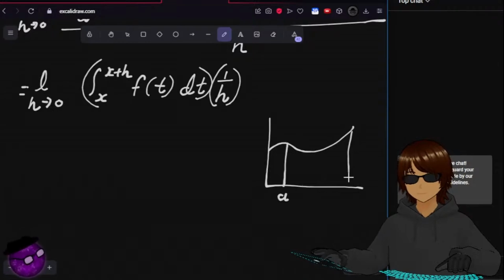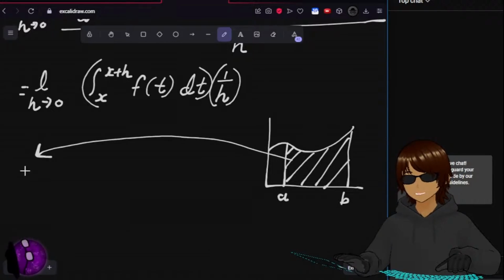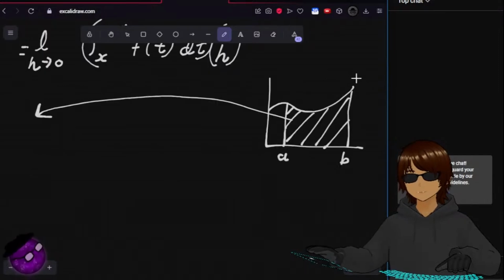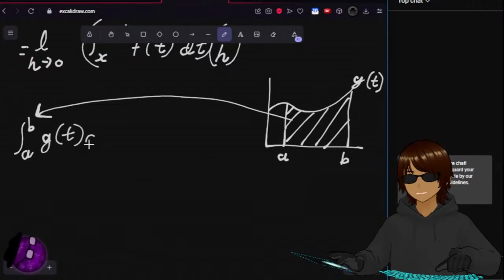A, B. So the area over here, let's call this G of t. The area over here would be the integral from A to B of G of t dt. But no, not this.